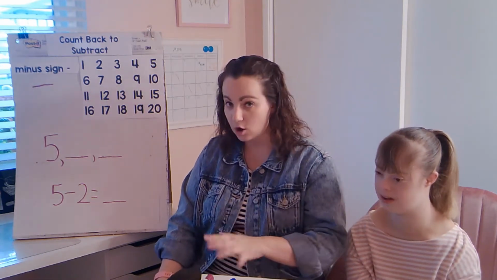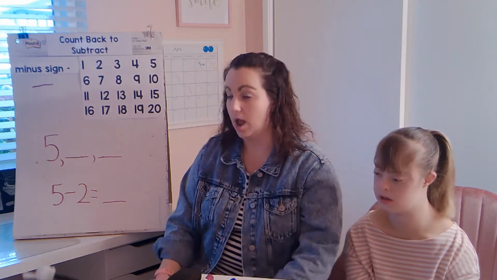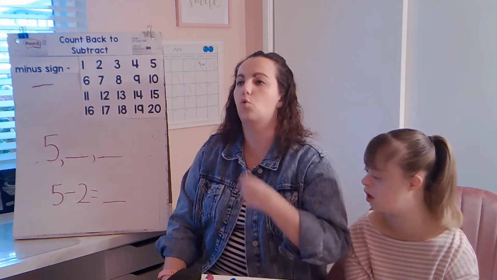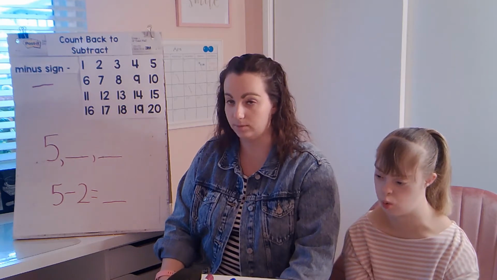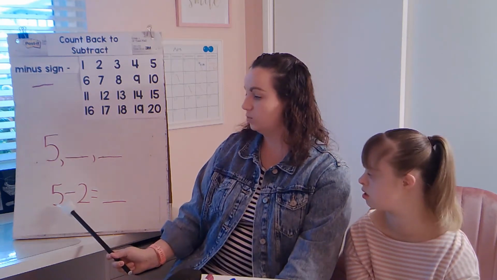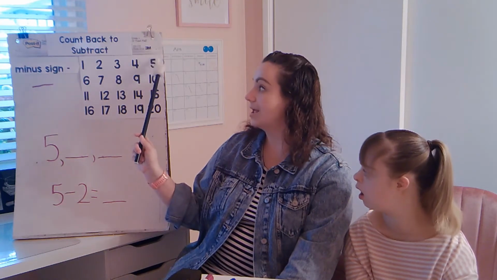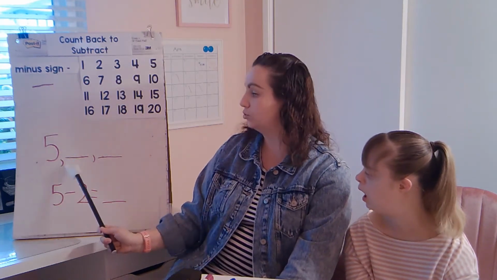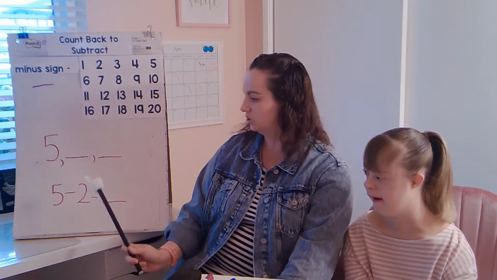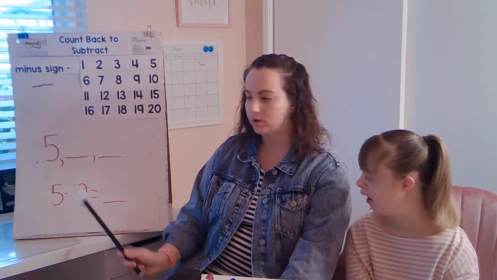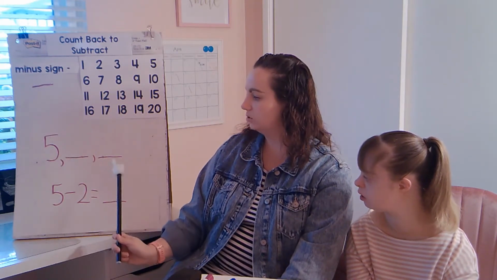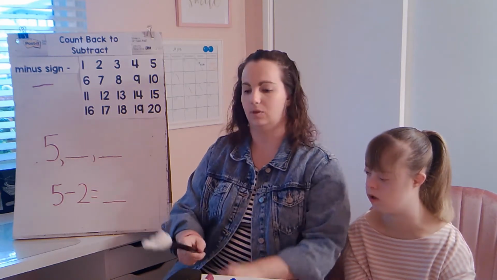That's okay. We're going to learn another strategy to be able to quickly solve subtraction problems. We're going to start with the big number 5, and we're going to count back 2 spaces, because you're taking away 2. So you're going to count back 1, 2 spaces.